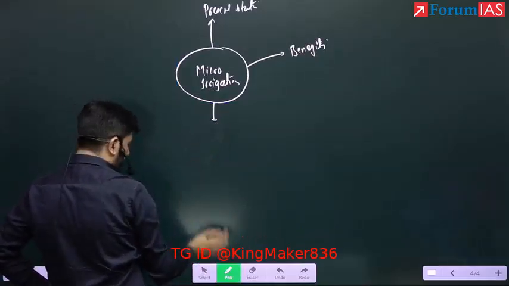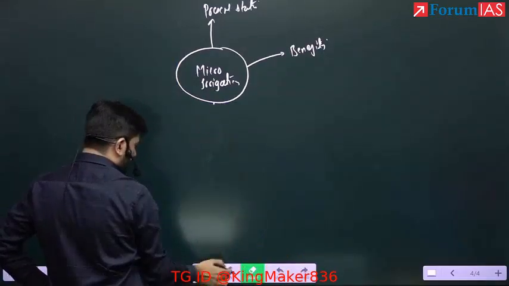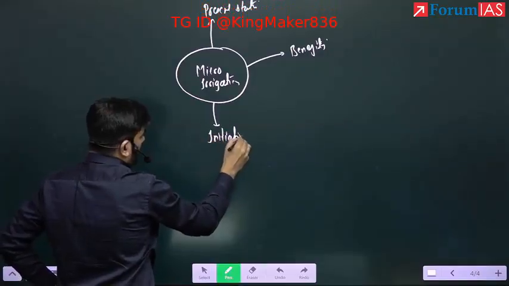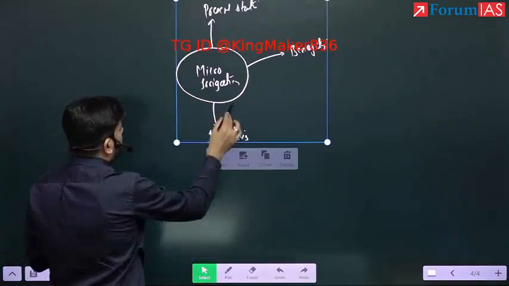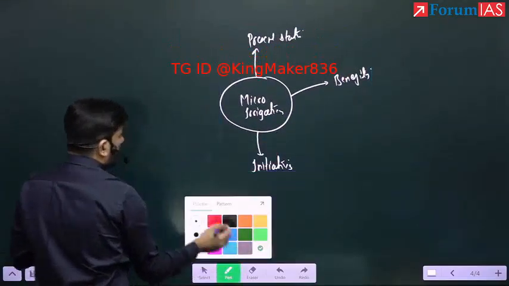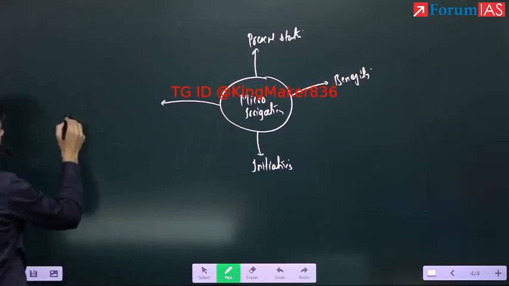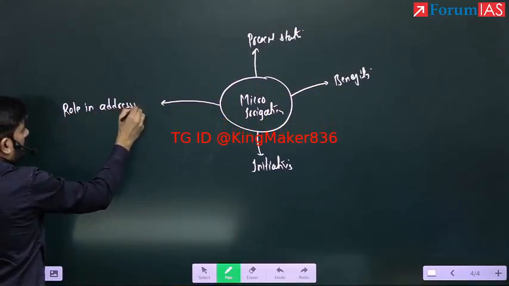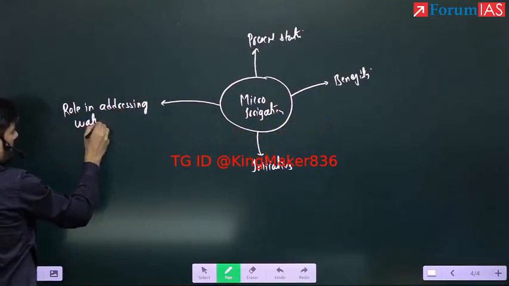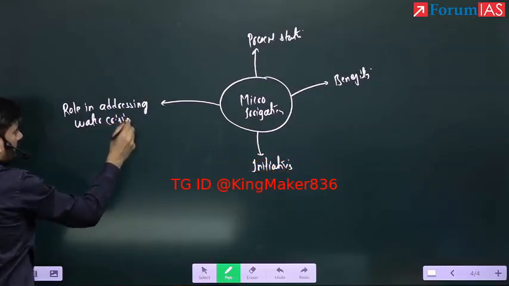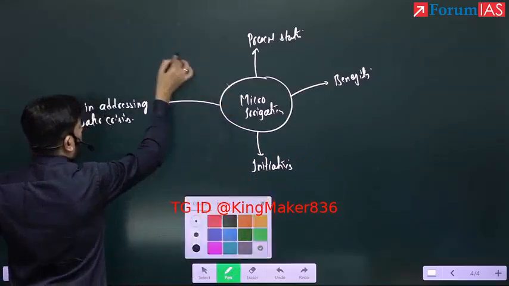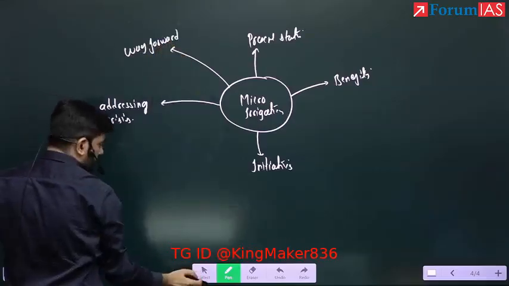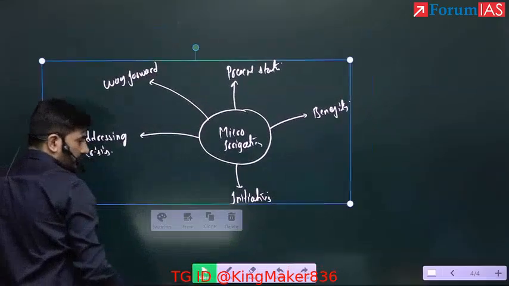Third one is initiatives for micro irrigation, and its role in addressing water crisis, and last one is the way forward. So these are the dimensions.